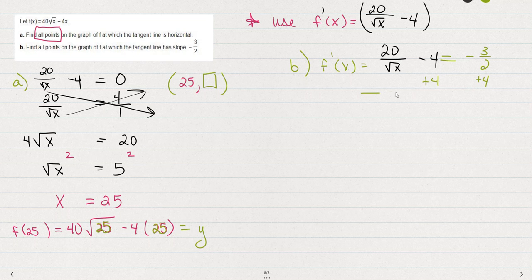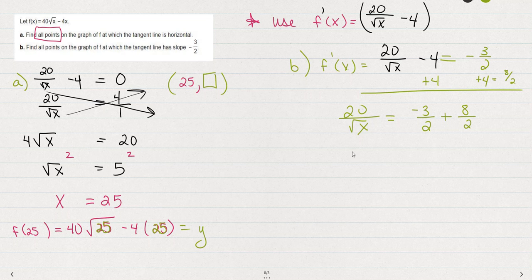It's just that the arithmetic gets a little bit trickier, right? 20 over the square root of x equals, now if adding the fractions is what's holding you up, then you could even put this into a scientific calculator, right? Let me just quickly review how to do this without one. If I'm going to do -3/2 plus 4, I need a common denominator, so 4 is equivalent to 8 over 2. 4 times 2 is 8, over 1 times 2 is 2.